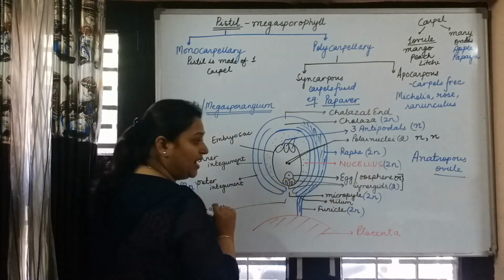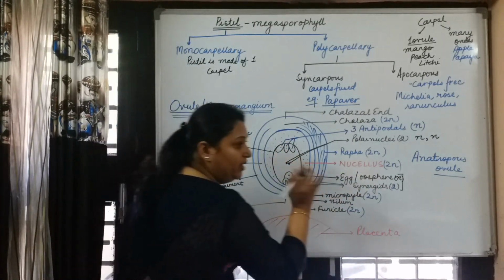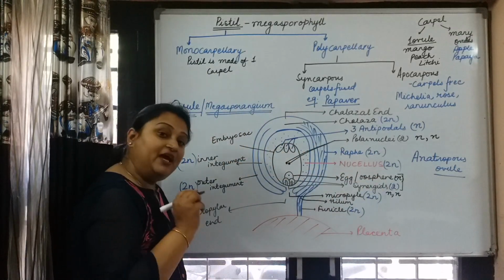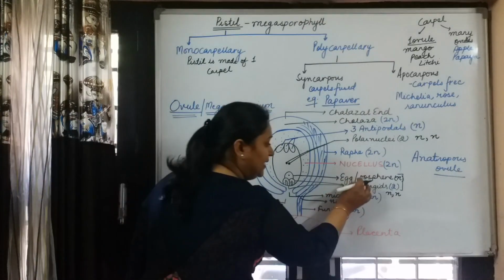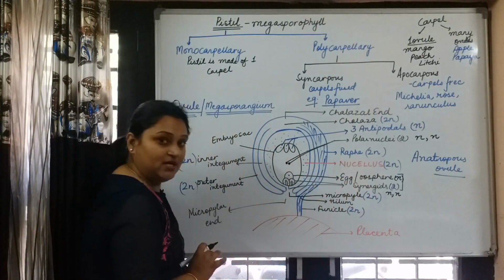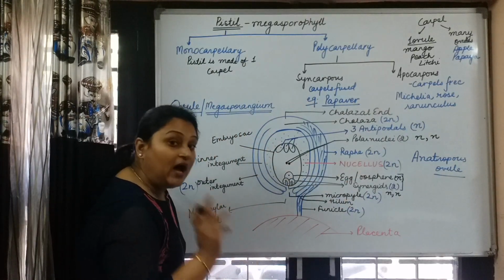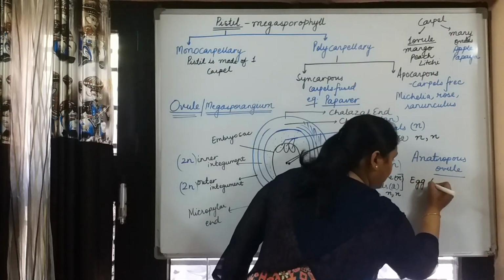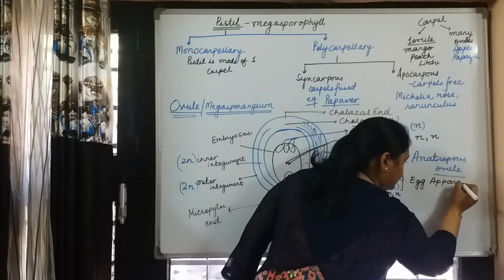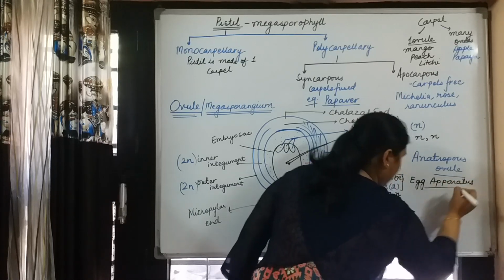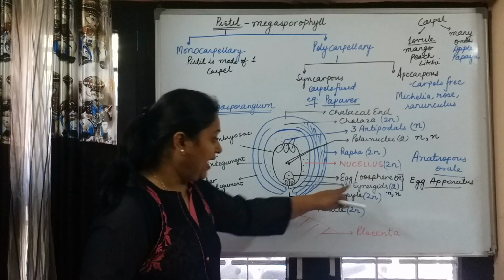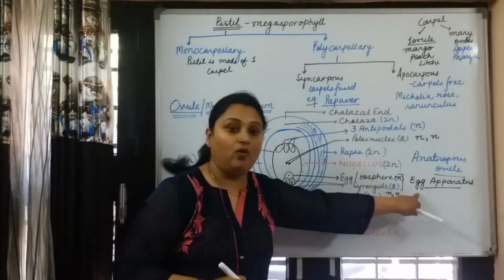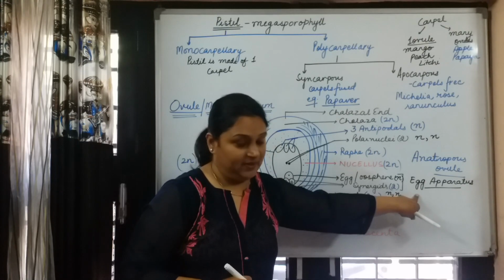We have synergids also. They are 2 in number. They are also haploid. We discussed in class 11 that the egg and synergids together are called the egg apparatus. The egg, also called the oosphere, plus synergids are called the egg apparatus.